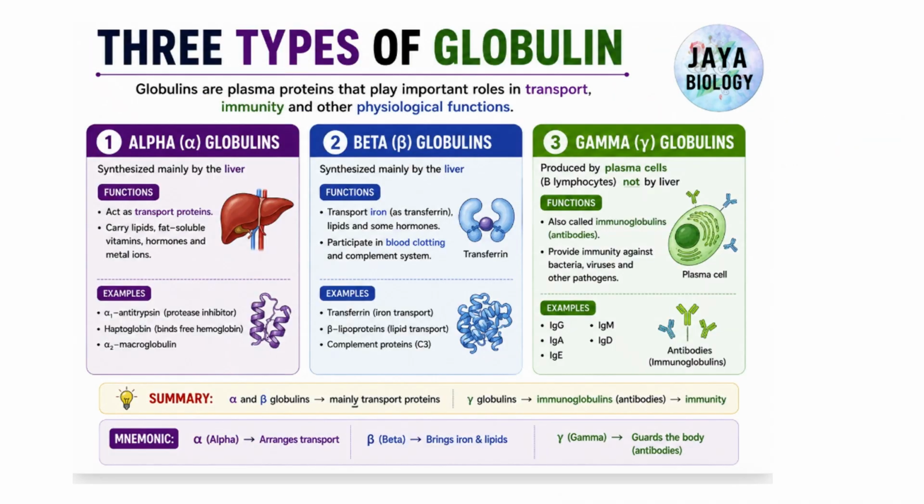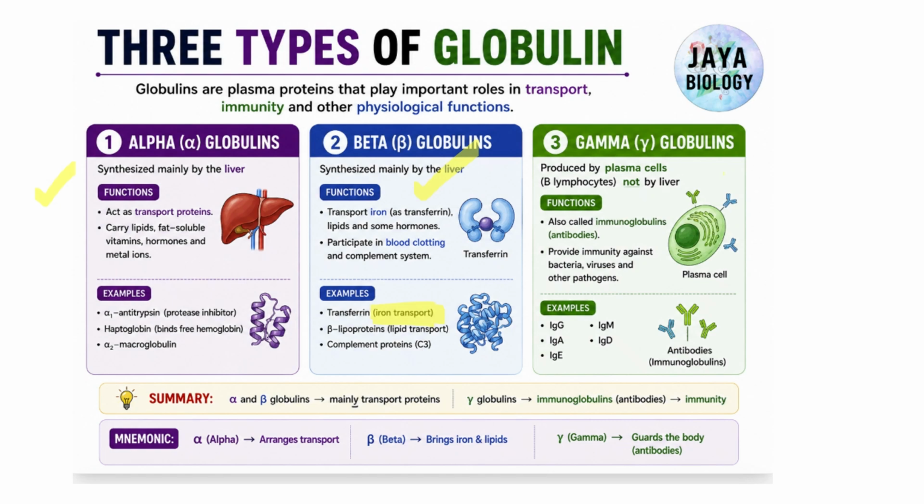Now come to the globulin. There are three types of globulin. Alpha globulin is synthesized by the liver. It works for transport. Beta globulin is also synthesized by the liver. It is also responsible for transport, but its main work is to transport iron.